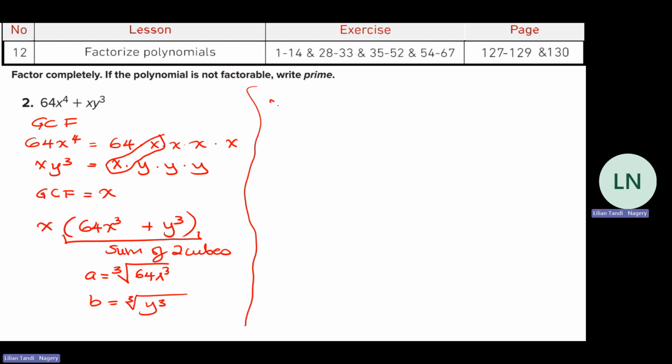Then we follow the formula for sum of cubes, which is a plus b, and then a squared minus ab plus b squared.